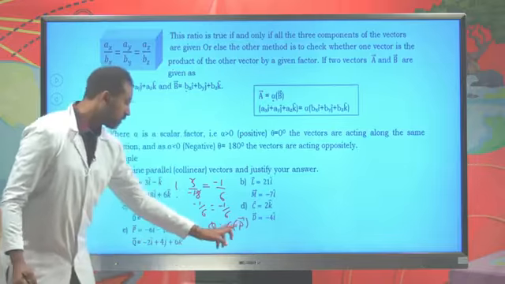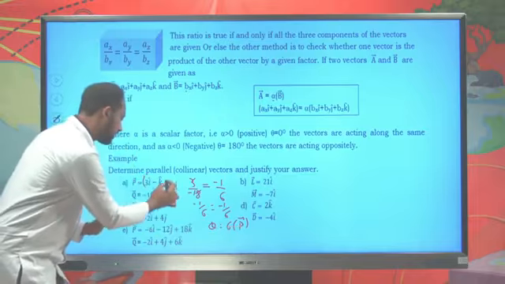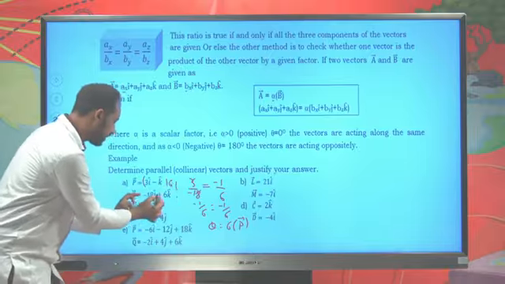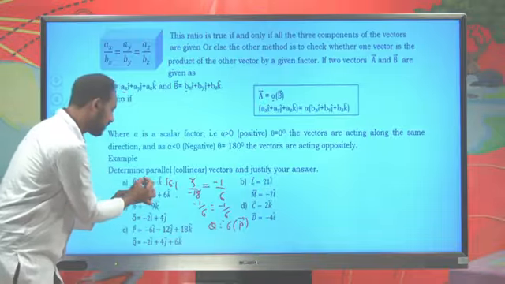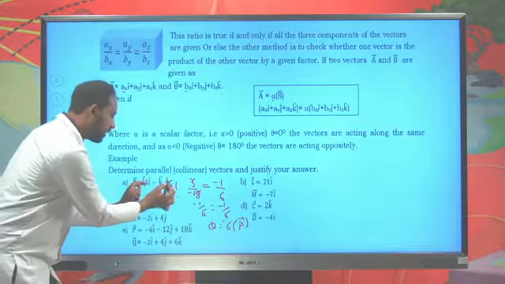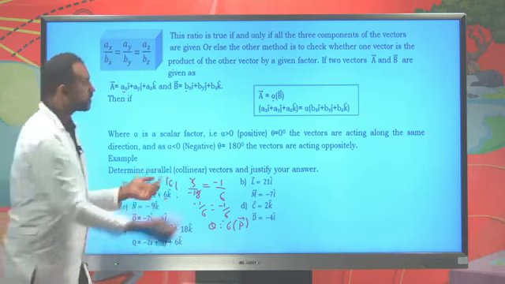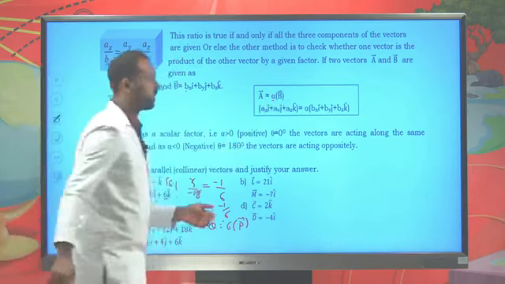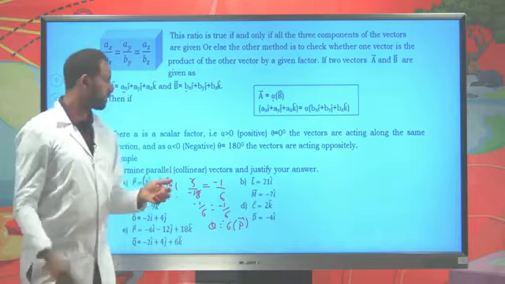When multiplying vector p by 6, 6 times 3 gives 18, and 6 times negative 1 gives negative 6. So alpha times b can tell us whether the two vectors are parallel or not.